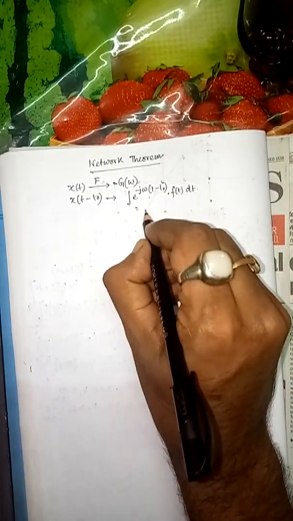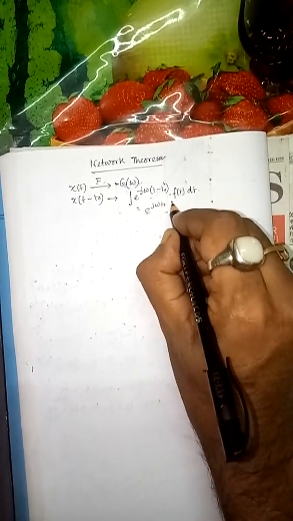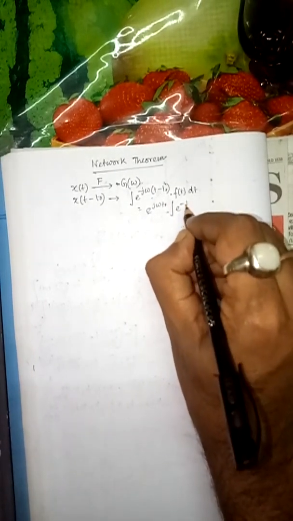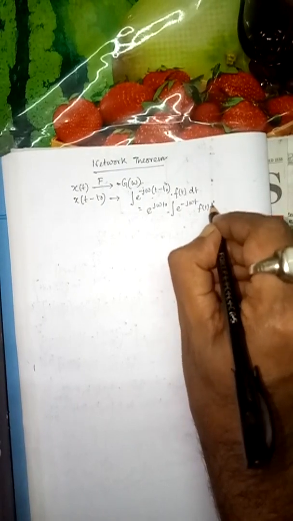So e to the power jωt0 will come outside, and inside that bracket it will be e to the power minus jωt into f(t) dt.